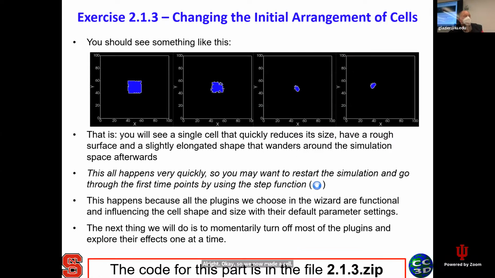So did you get something that looked like that? Where it started out big and then it shrank? And the cell's probably pretty rough and scraggly looking, huh? If it happened too fast, you may actually want to use the step function instead of hitting run from the beginning.